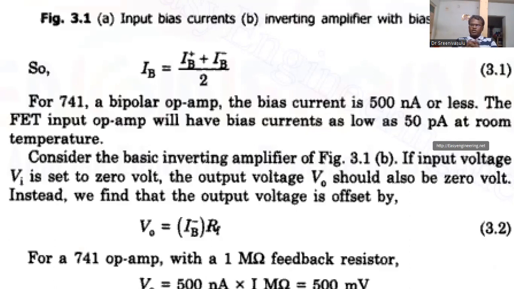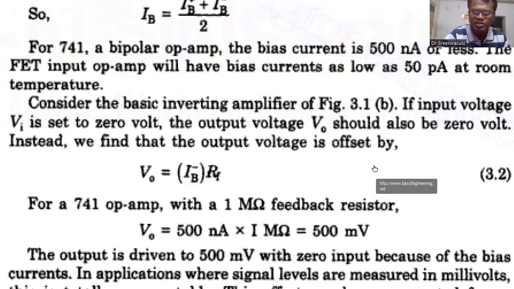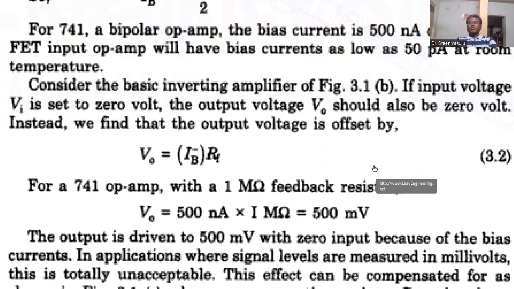Whenever we design an inverting amplifier, when the input is 0, we expect the output to be 0, but that is not the case here, because some current is drawn by the inverting or non-inverting terminal. So we find an output voltage. That is the offset voltage, meaning an unwanted voltage. Offset means we don't want this voltage.